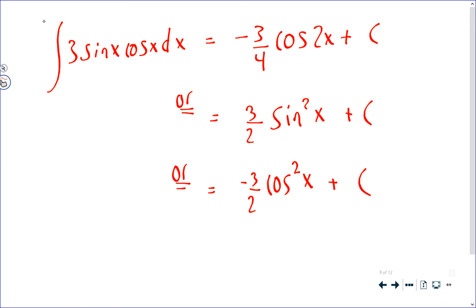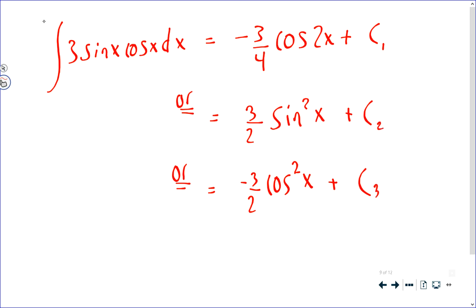And I guess what I would tell you is this integral, the integral of 3 sine x cos x dx, could be equal to any one of these 3. And the reason why these are all acceptable, and you can check it out with a graphing calculator, is these constants end up being different things.